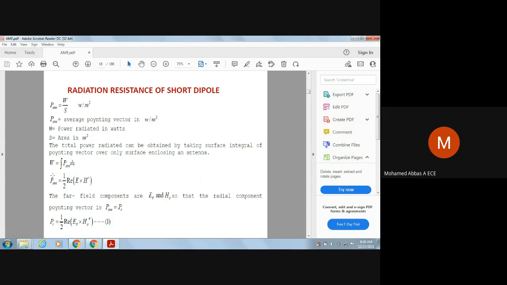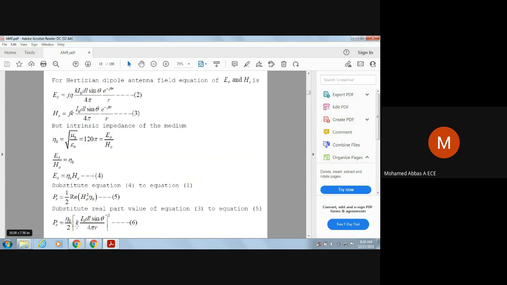Now instead of P average we can substitute Pr, which is equal to 1 by 2 real part of E theta cross H phi conjugate. We'll consider this as equation number 1. Now we have already calculated the E theta and H phi components for the Hertzian dipole, which are referred to as equation number 2 and 3.